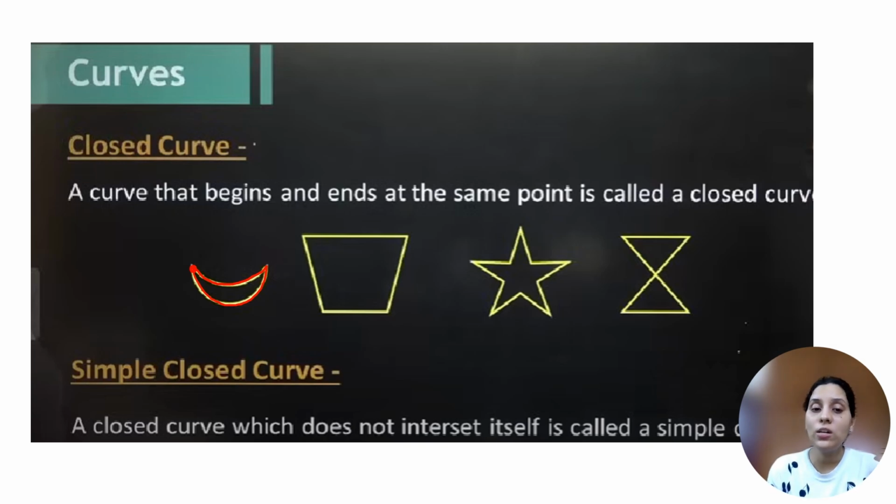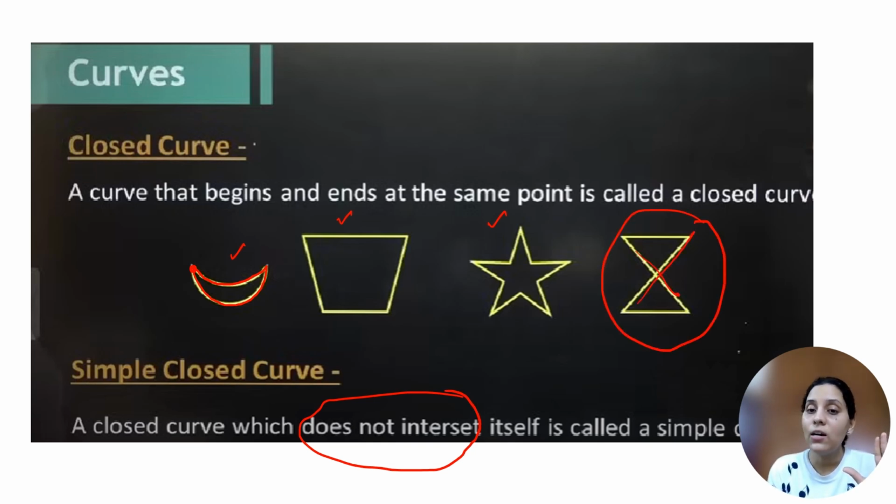Now what is a simple closed curve? A closed curve which does not intersect itself. Here you can see all these are closed curves. But what about a simple closed curve? It does not intersect. But in this one, these curves are intersecting at a point, which means it is not a simple closed curve. Rest all of them are simple closed curves.